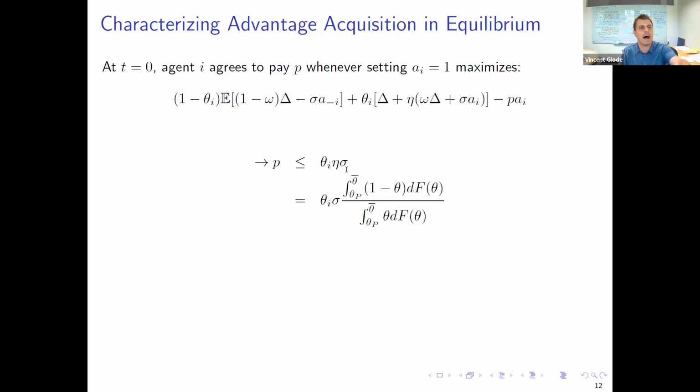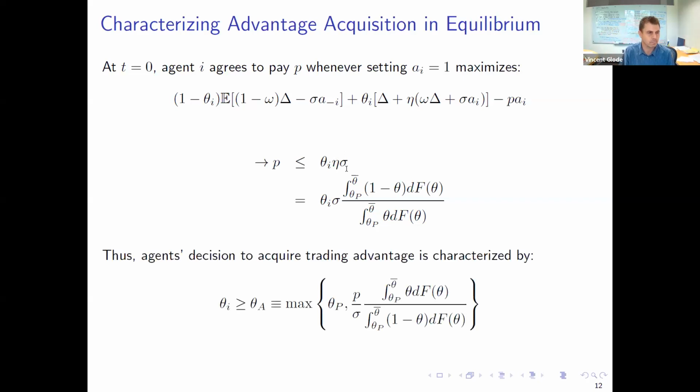And we can rewrite this way. So we can see that the agent's decision to acquire a trading advantage will be characterized, again, by a cutoff, theta A. As long as you're more likely to provide liquidity than theta A, you will want to acquire that trading advantage and pay the price P.